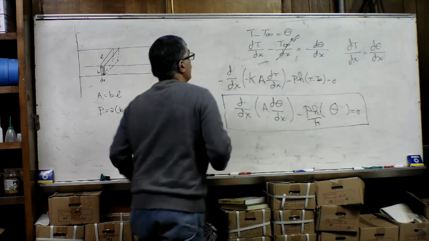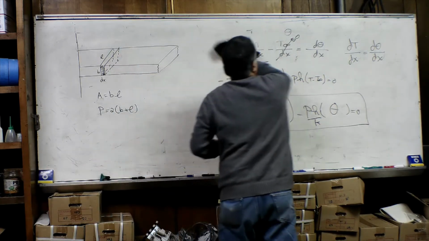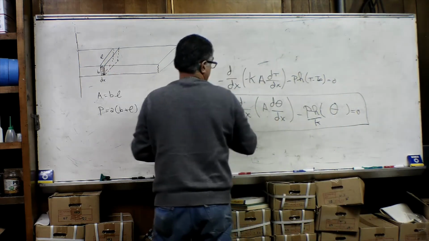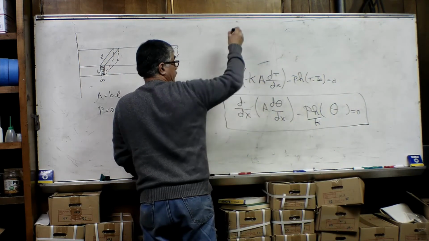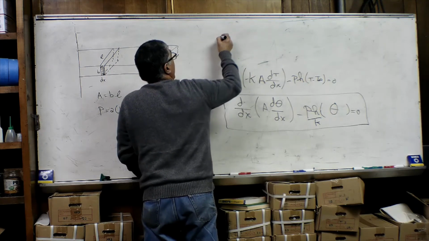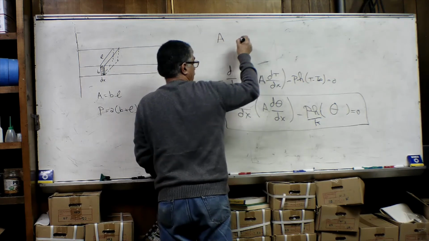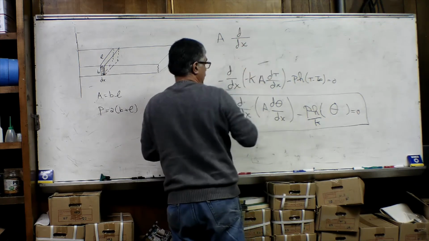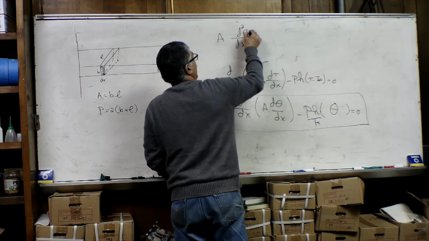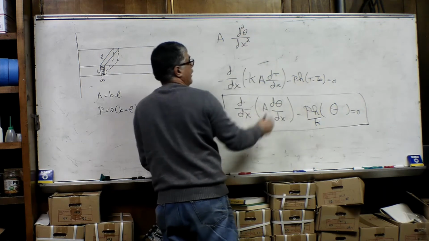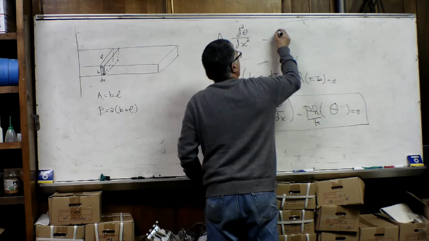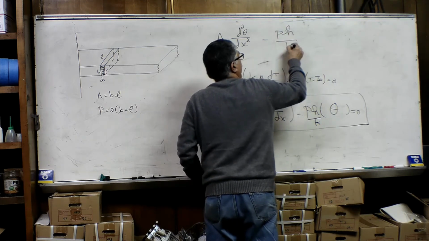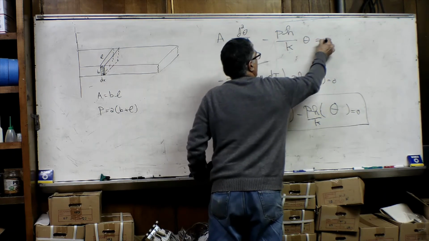this equation. So we can rewrite this equation as A d squared theta over dx squared minus pH over k theta is equal to 0.